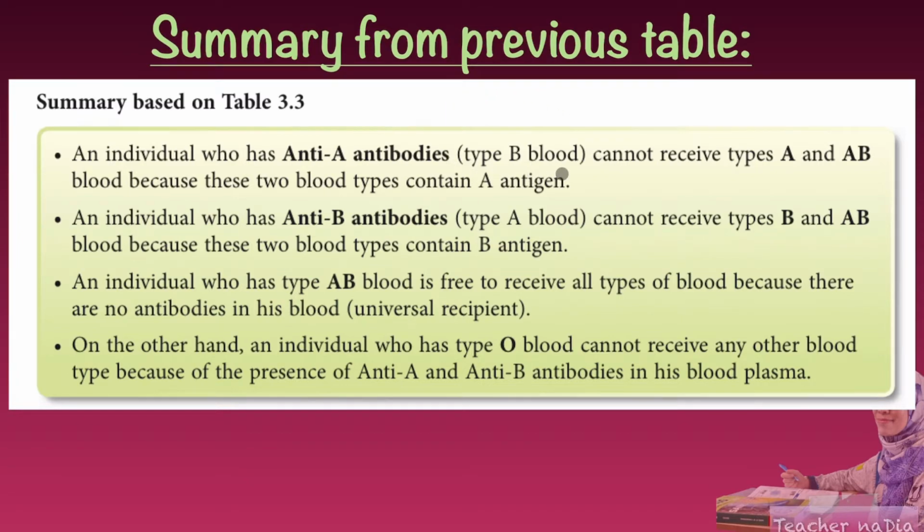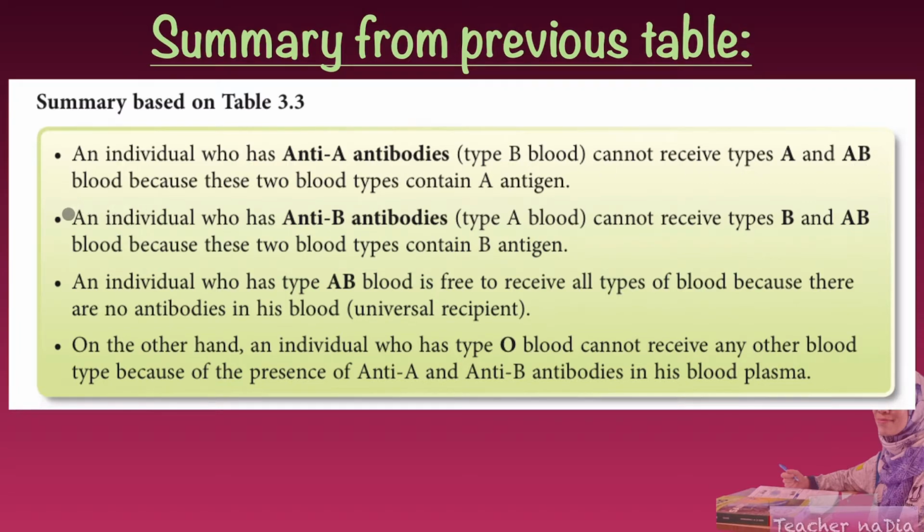So the person with type B blood cannot receive types A and AB because these two blood types contain A antigen. We know that A antigen will coagulate with anti-A antibodies. Therefore, type B blood cannot receive types A and also AB.